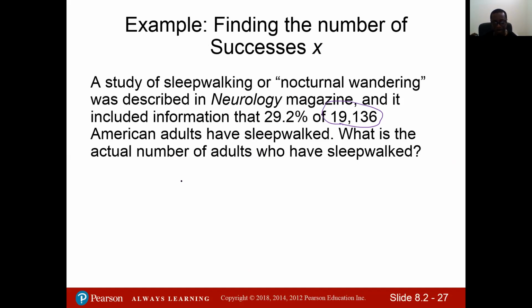Now remember, your number of successes is calculated from the probability, your p hat, times n. So this is equal to 0.292 times 119,136.